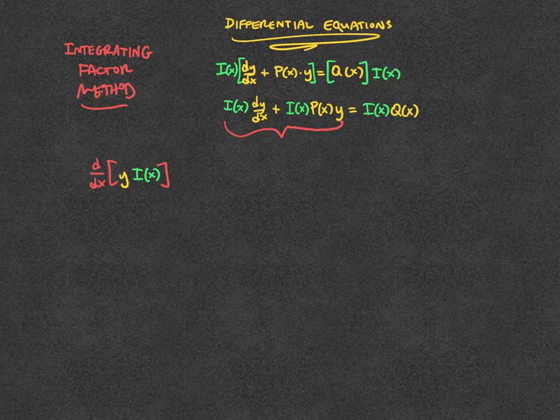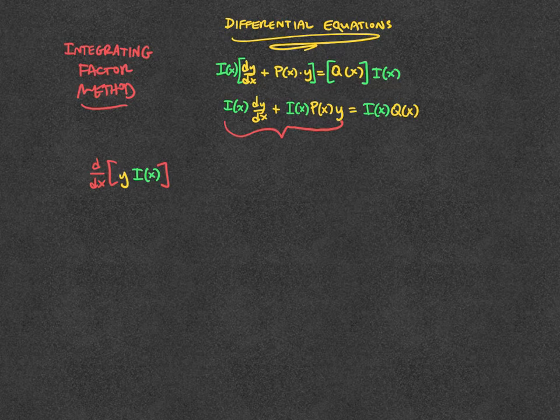So think of it logically. If I were to find the derivative of two functions multiplied together, I'd take the derivative of the first function, which would be dy/dx, times the second left alone, which is I of x. So this expression here is the derivative of y with respect to x times I, plus the first left alone, which is y, times the derivative of I of x.